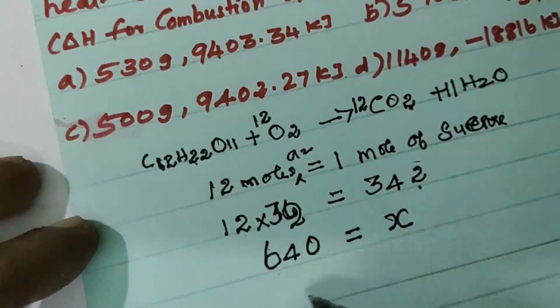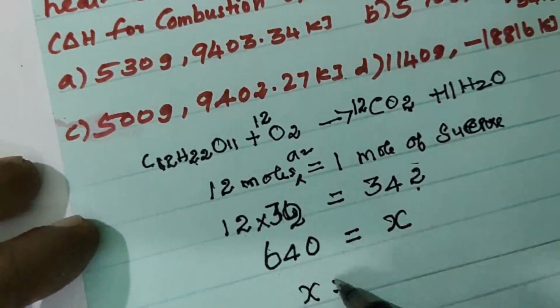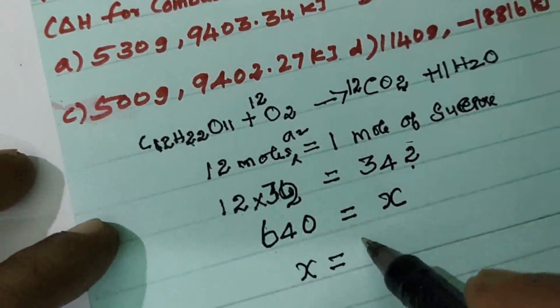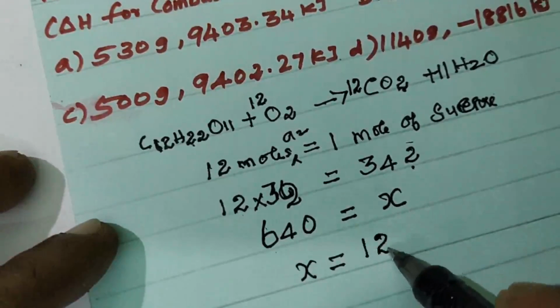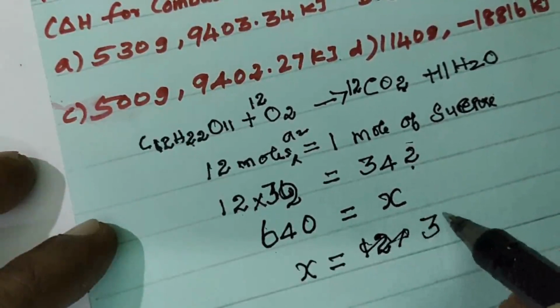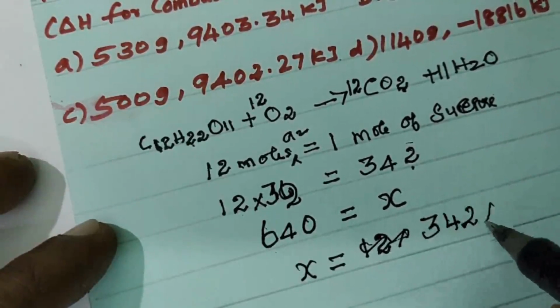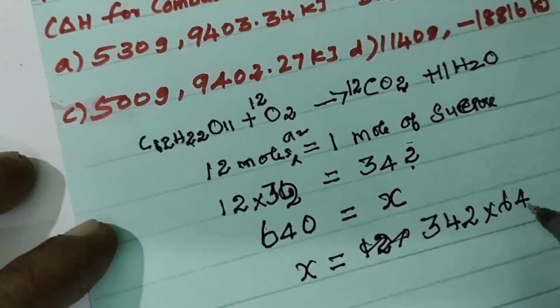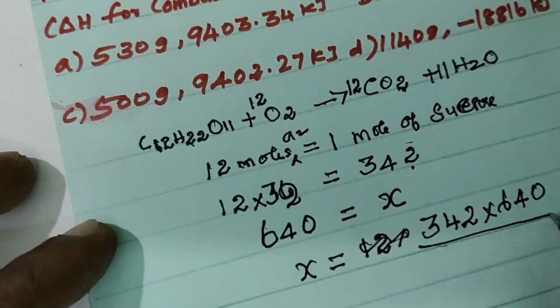So X is equal to 342 into 640 divided by 12 into 32.